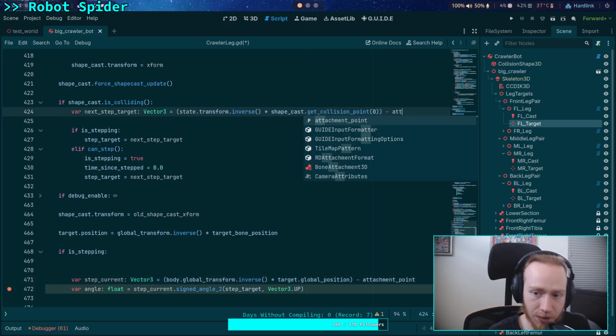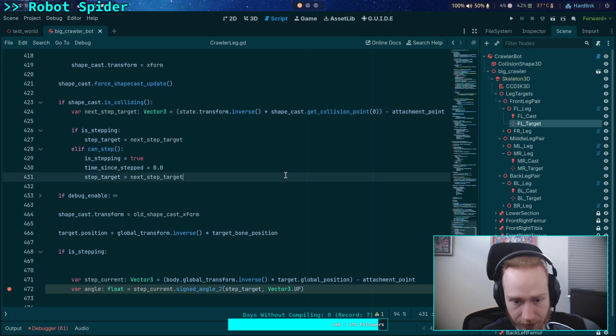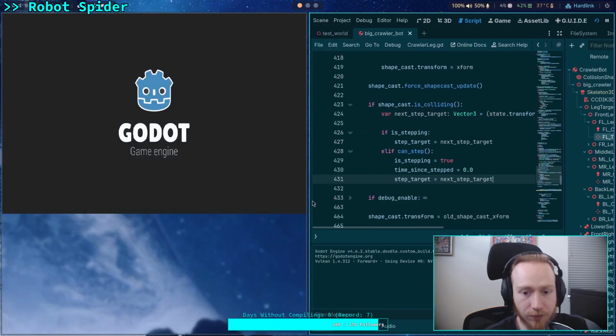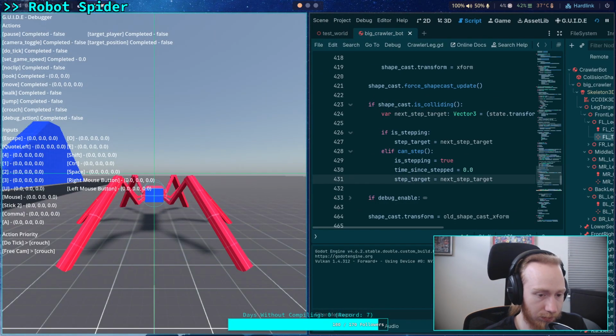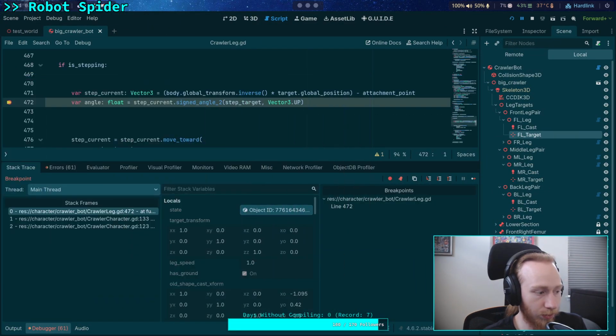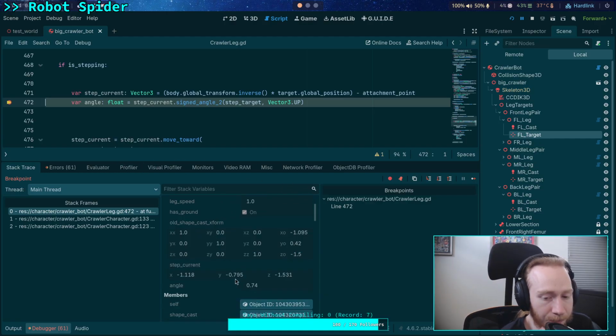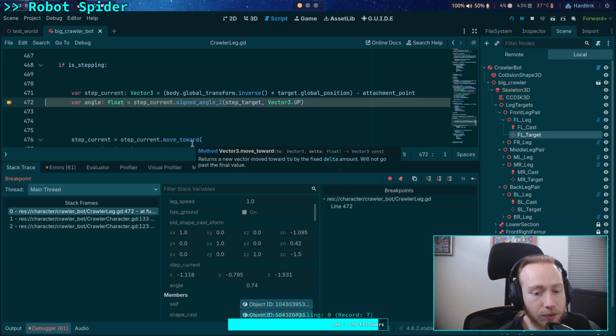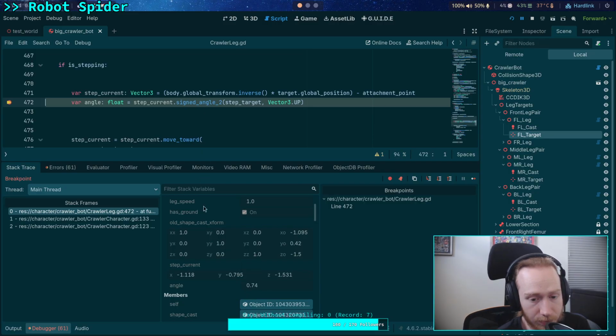If it's end minus start, this needs to be at the end. Step. All right, that looks good. It's down. It's a vector that points down.